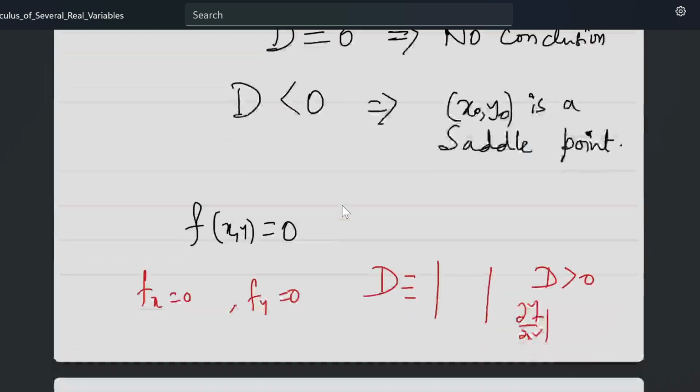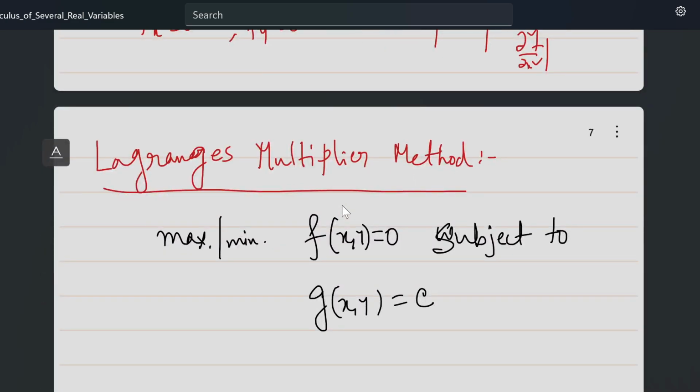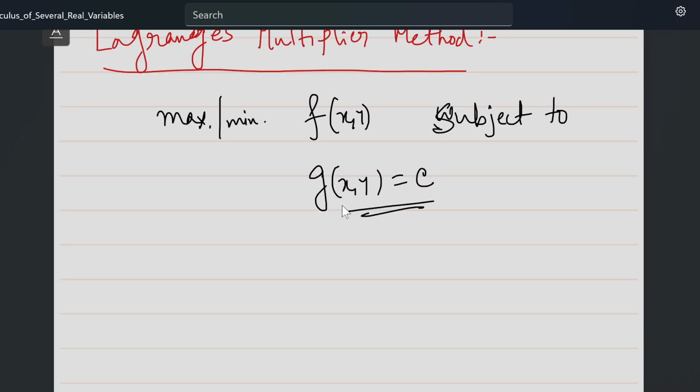But here you have to find the maximum or minimum of f(x,y) subject to some condition. Suppose you are asked to find the maximum of x square subject to a condition, s.t. meaning subject to, say x square plus 5y equal to 1. Then you will have to apply the Lagrange multiplier method.